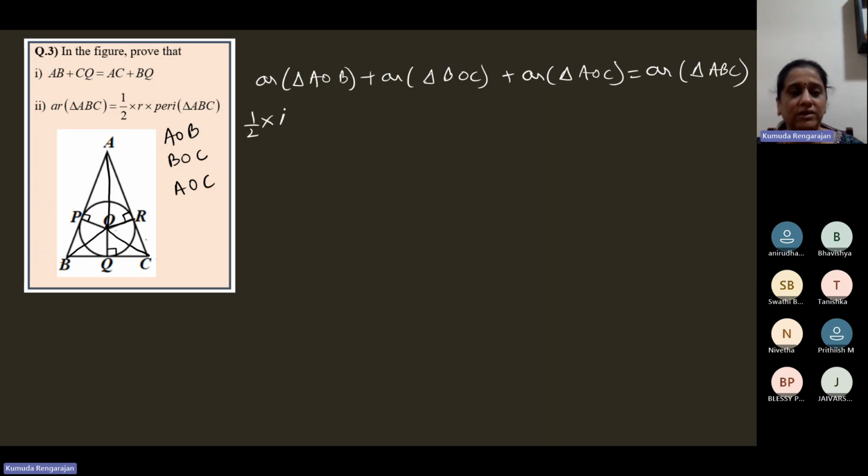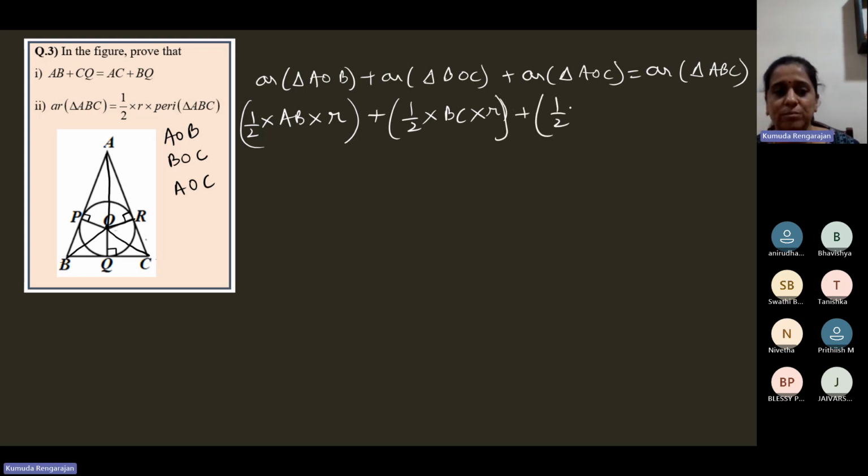Base is AB into OP, which is radius, the in radius, plus half into base BC into height OQ, which is R, plus half into base AC into the altitude OR, which is R, the in radius, is equal to area of triangle ABC as it is, because we have that in the result.